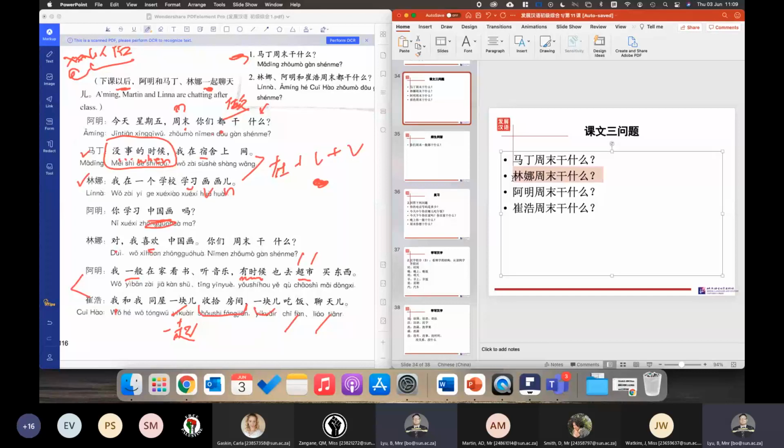琳娜周末干什么? What does Lina do on the weekend? 她在一个学校学习画画. Thank you. And what does Martin do? 她在宿舍上网.